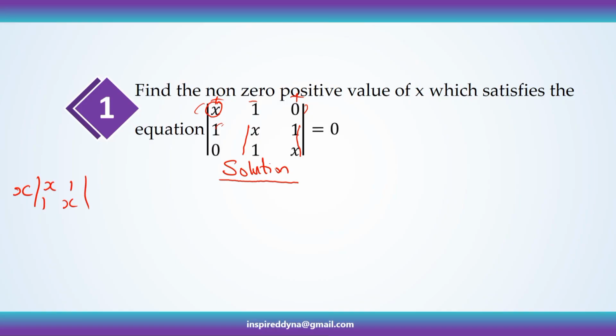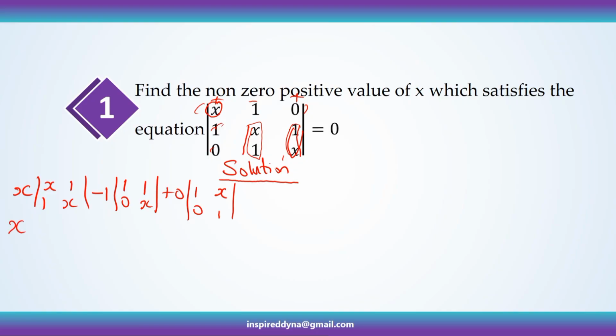For the minus sign, you have minus 1, and you find the determinant when you eliminate this, so you are left with 1 0, 1 x. Then the last one, which is plus 0, you eliminate this one, so you have 1 x, 0 1 here.